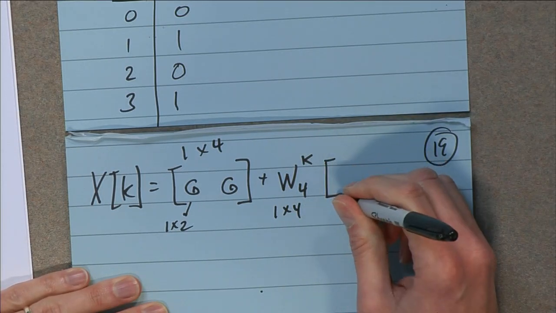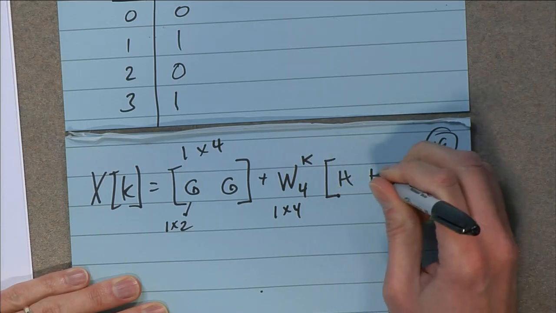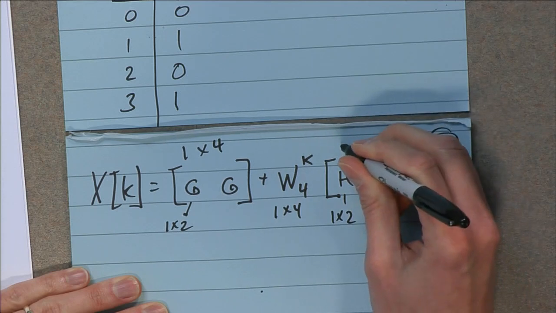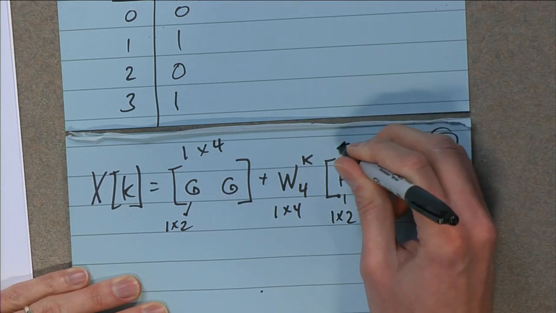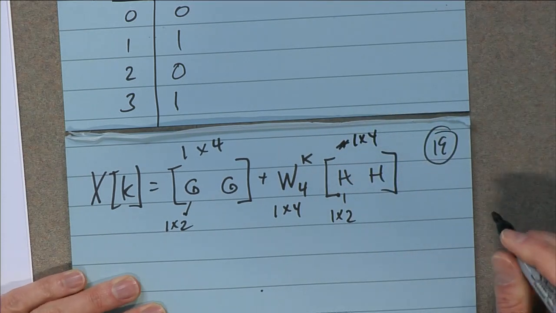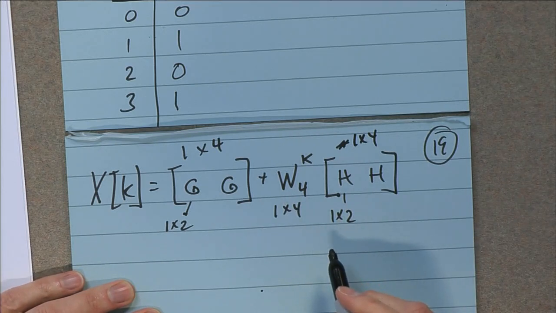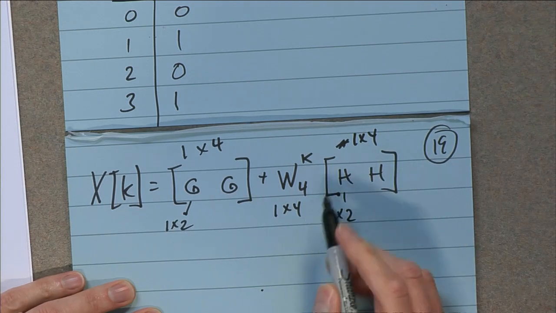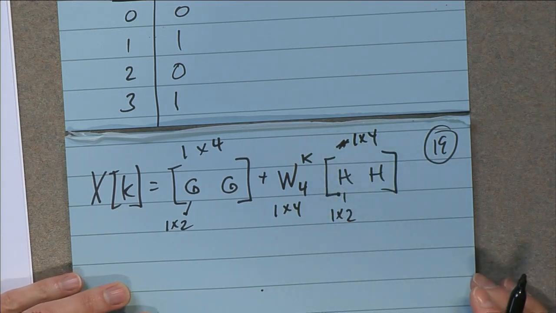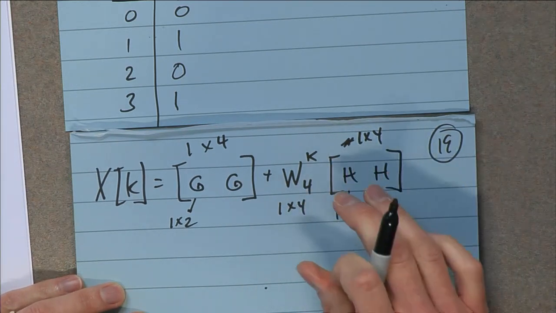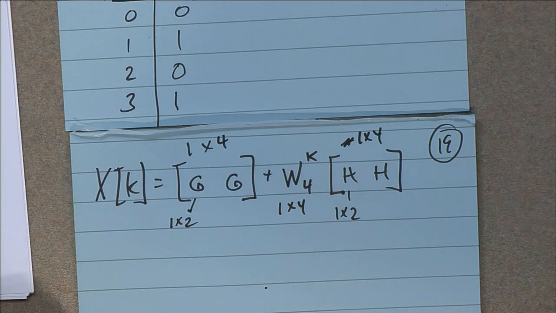And that's also times, each one of these is a 1 by 2. So this whole thing is 1 by 4. Now I guess this is element by element multiplication, not matrix math, because obviously this would need to be transposed so it would work.